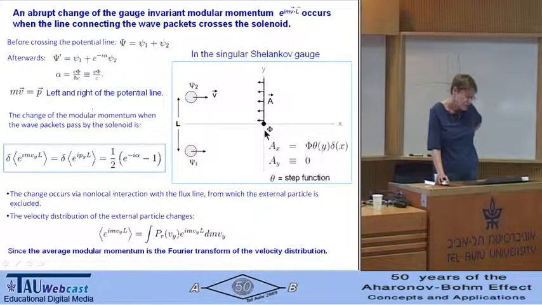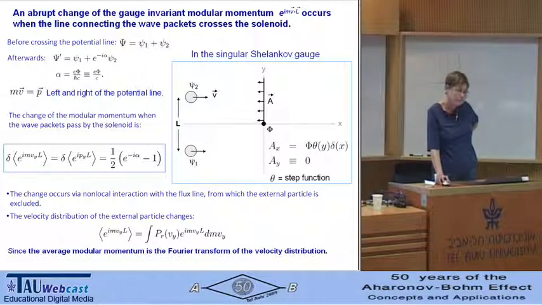The abrupt change of modular momentum follows immediately in the singular Coulomb gauge. Here, the vector potential is non-vanishing only on the positive y-axis, and it is proportional to the total flux. If initially the external particle is prepared in a superposition of these two wave packets, just by crossing the potential line, it acquires a relative phase that is equal to the full AB phase.